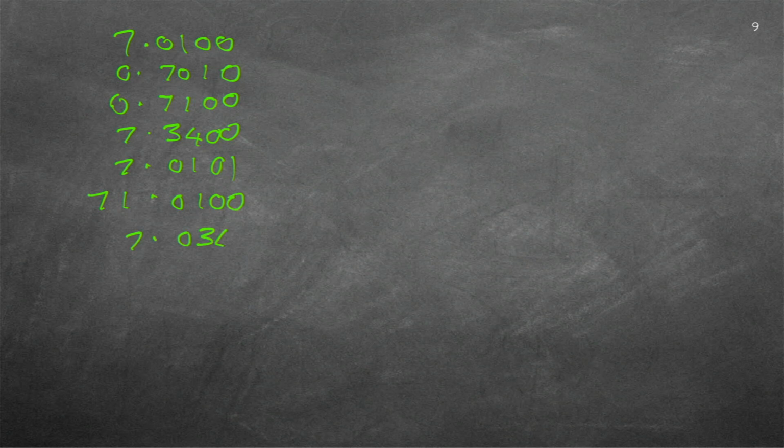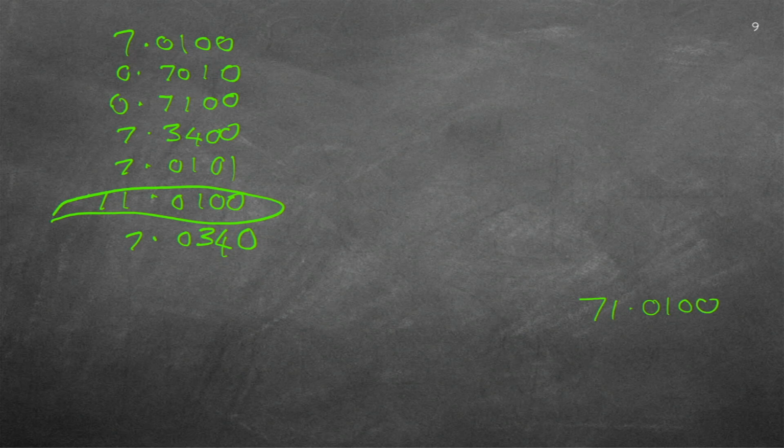Then we're going to have 0.7010, 0.7100, 7.3400, 7.0101, then 71.0100, and 7.0340. Okay, so easy to remember. This is our nice big one. So we know that is going to be right at the end.